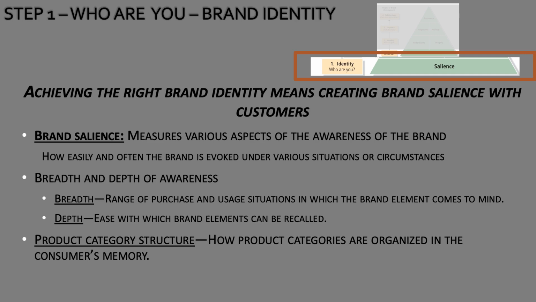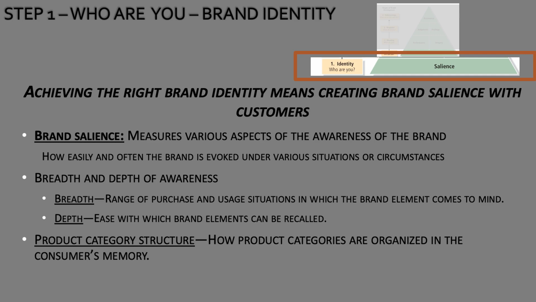There should be enough breadth and depth of awareness that they're not so myopically focused on, say, Band-Aids. You only think of Band-Aids, and that's the brand and that's the product. So we want breadth and depth so that people think of us as a firm easily and readily as soon as they think about that product.